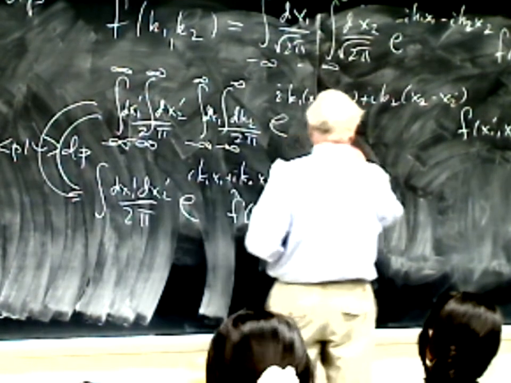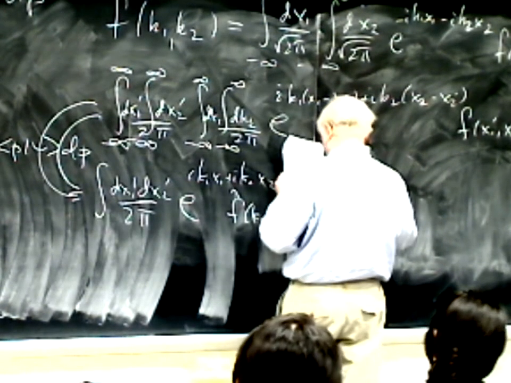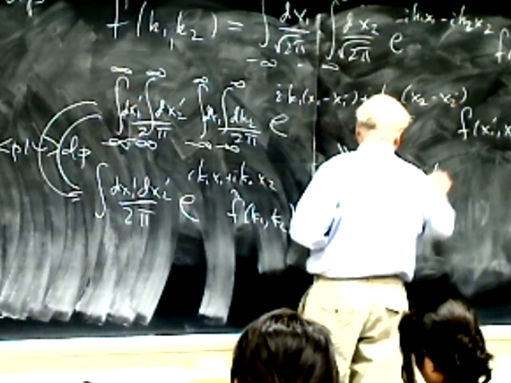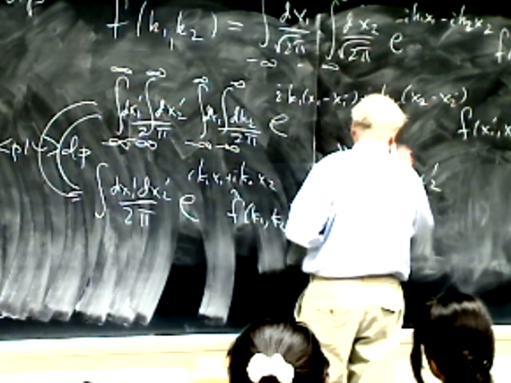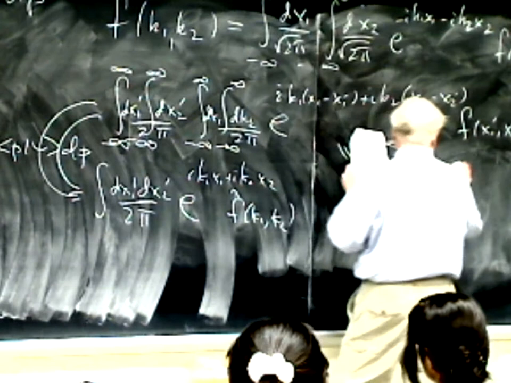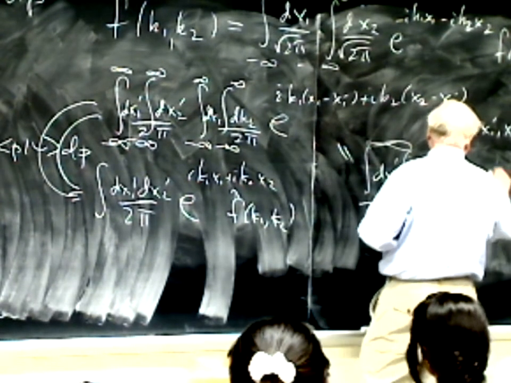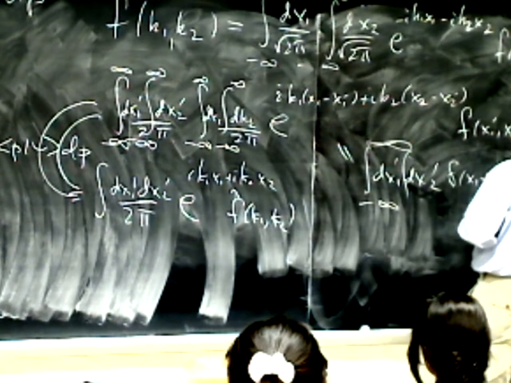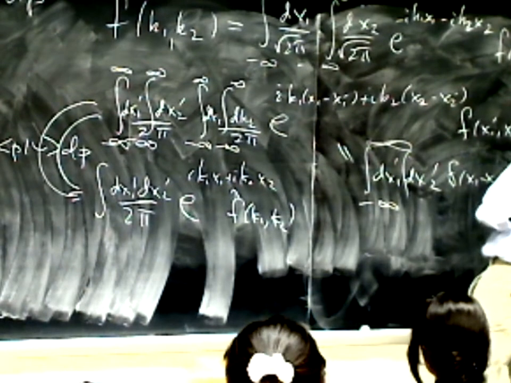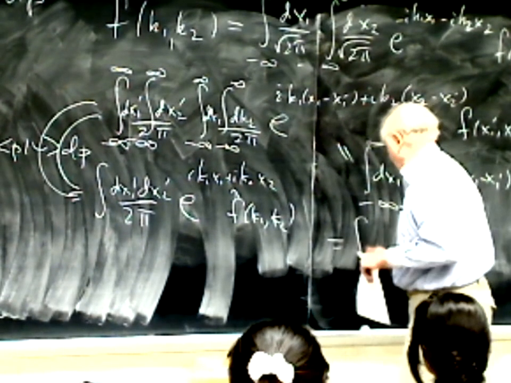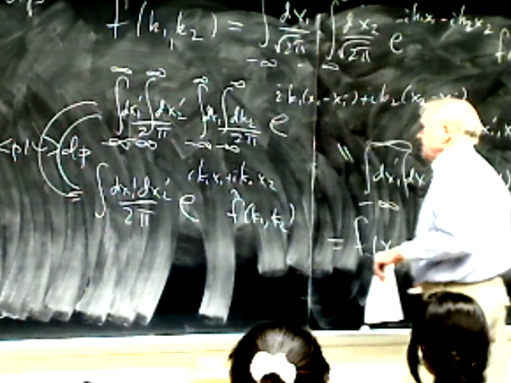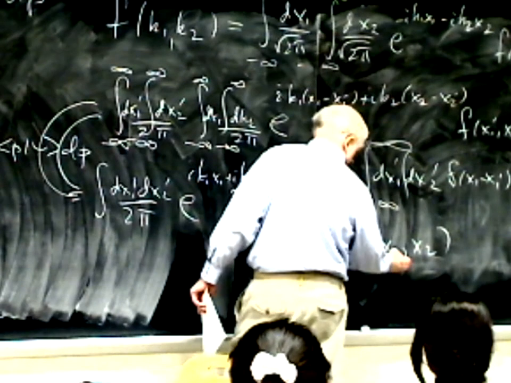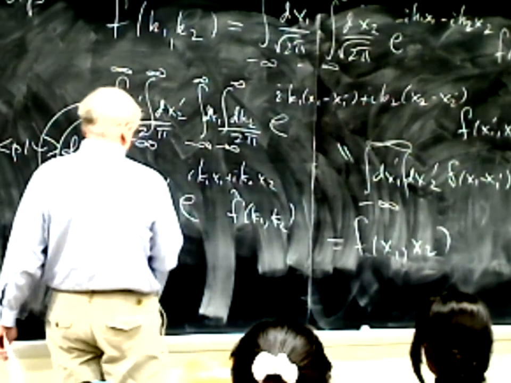And so this gives you the integral dx1 prime, dx2 prime, both from minus infinity to plus infinity, delta of x1 minus x1 prime, delta of x2 minus x2 prime, f of x1 prime, x2 prime, and that just gives you f of x1, x2.